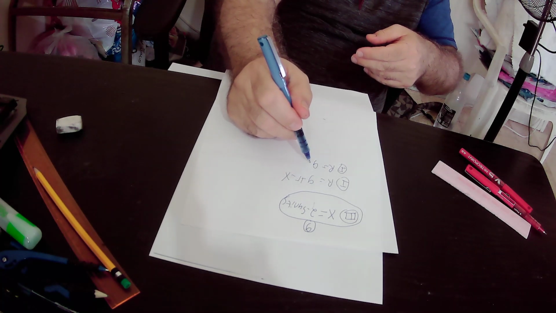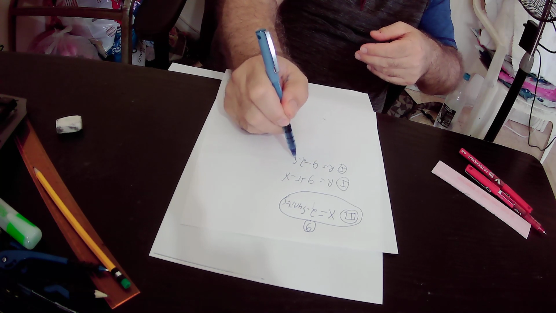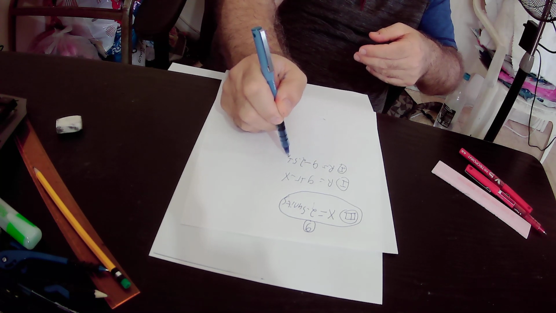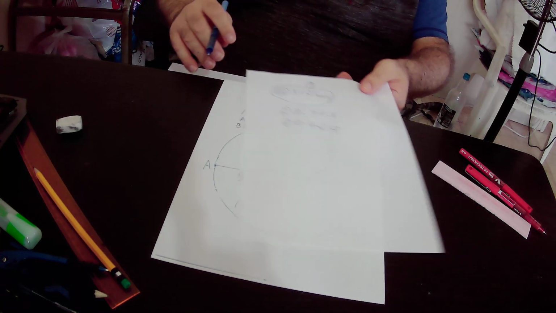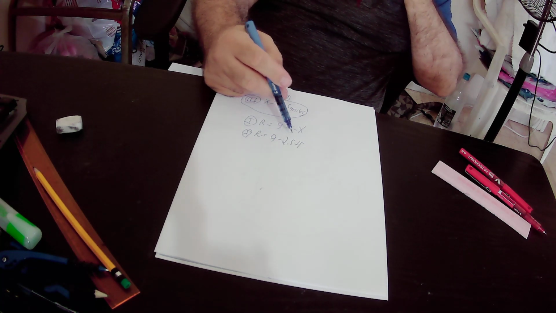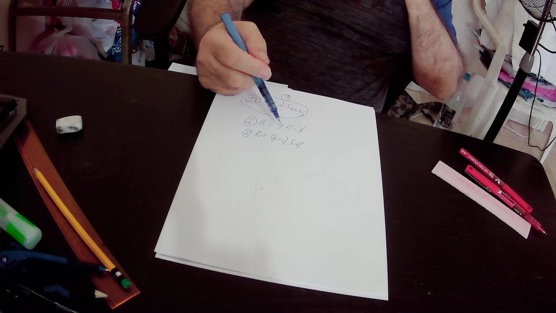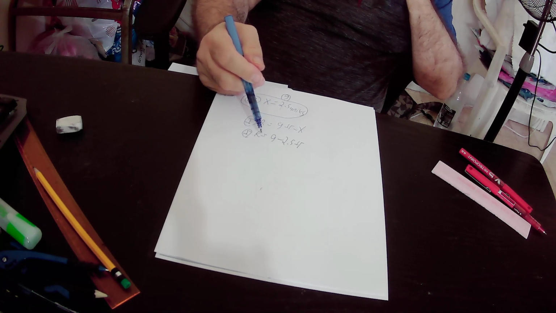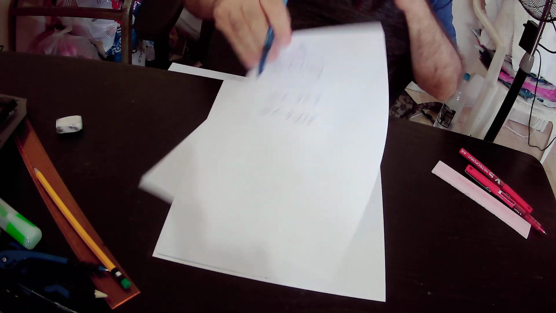X is 2.5 units. 9 minus 2.5 units plus small r. Okay, we got the equation number 1 that R equals 9 minus 2.5 plus r. 9 minus 2.5 is 6.5. So in total we got that capital R equals 6.5 plus r. So I write it down.